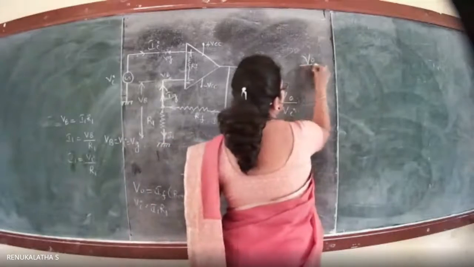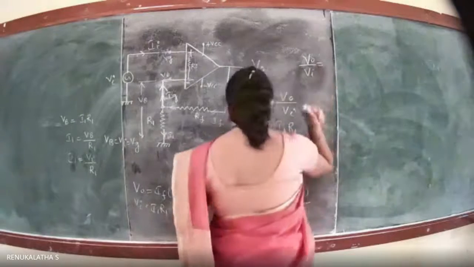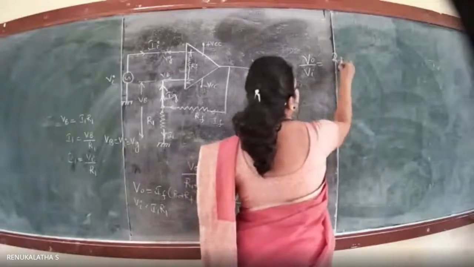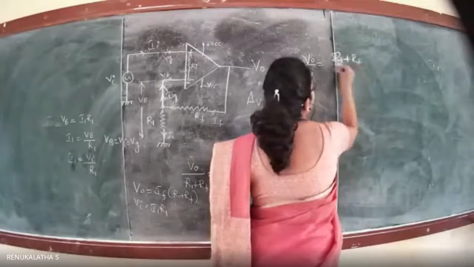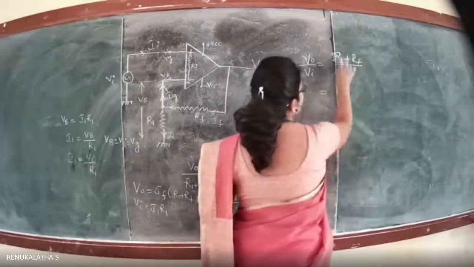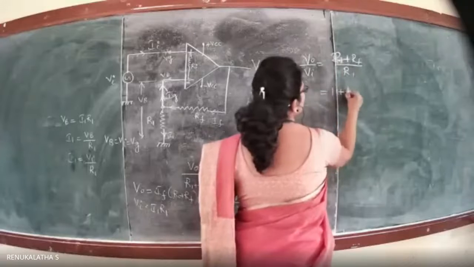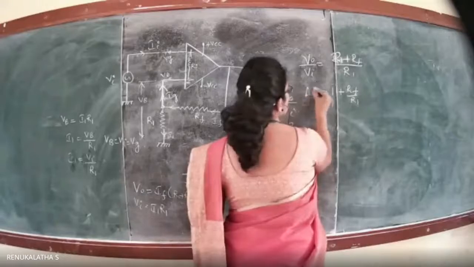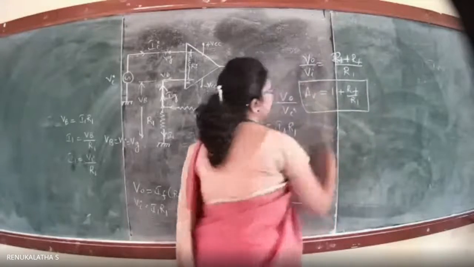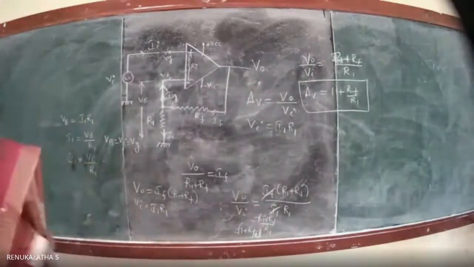V naught by VI is R1 plus RF divided by R1. If you separate this, it is 1 plus RF divided by R1. So this is the expression for voltage gain in a non-inverting amplifier.